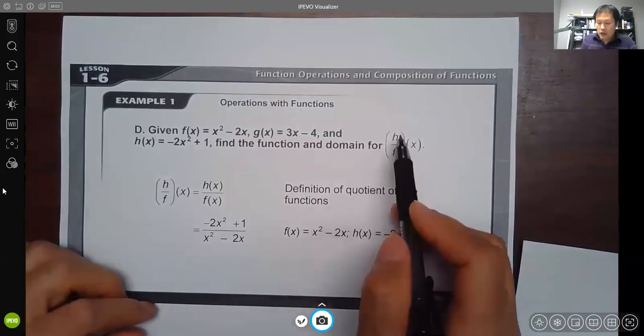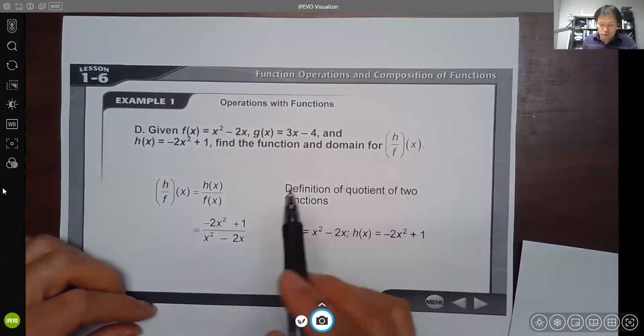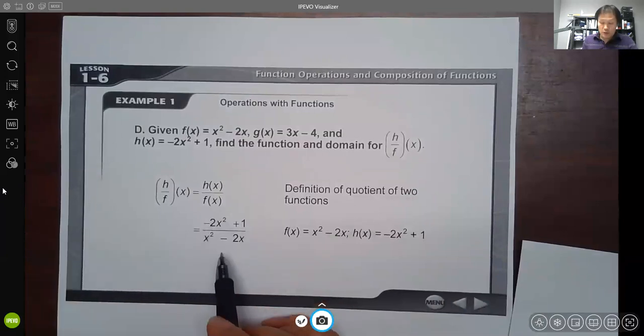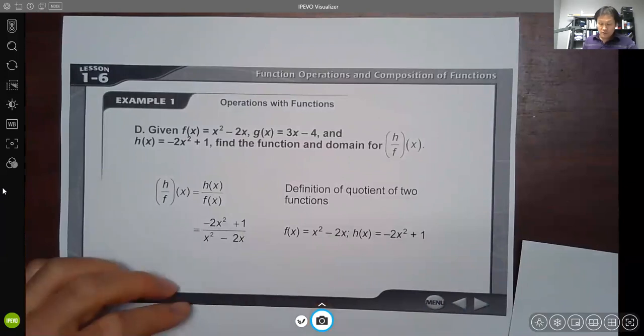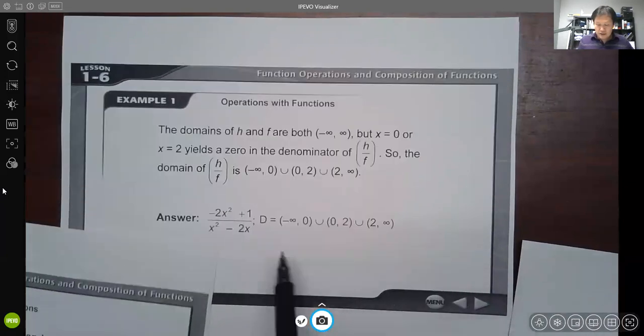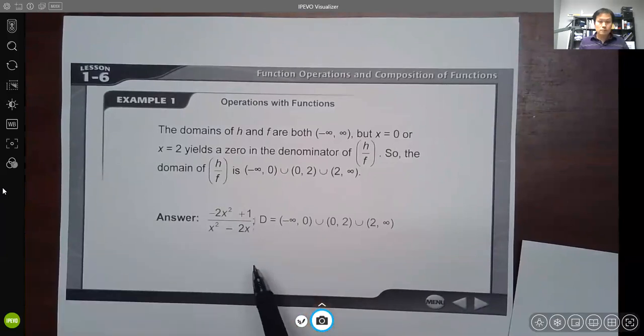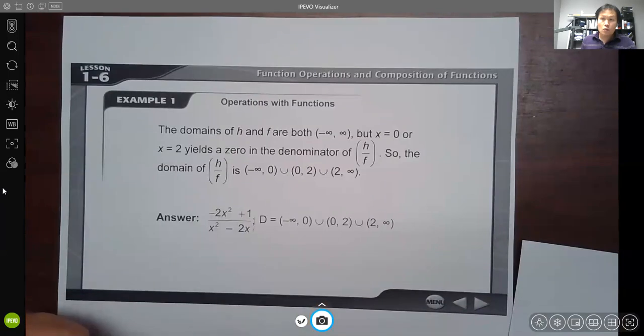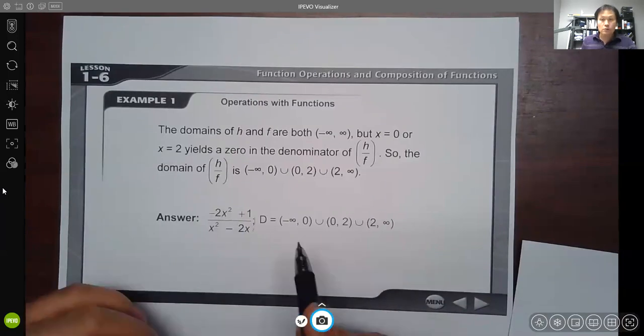Quotient, h over f. Put h on the numerator and f on the denominator. So as a function, that's it. h on the top, f on the bottom. What's the domain? Do you remember?